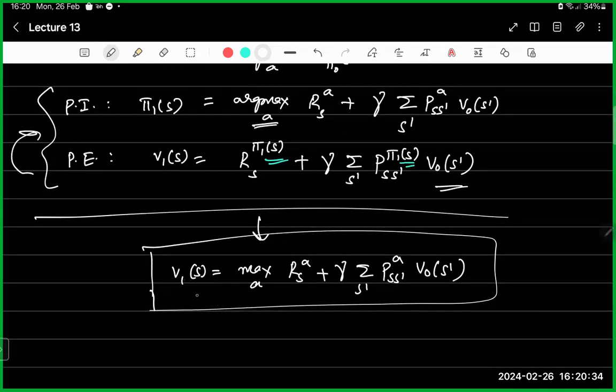So I'll just write it. So just repeat this. So value iteration is essentially that you just do this. Okay. So this is the value iteration algorithm.